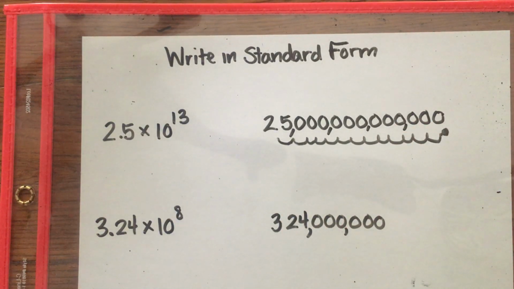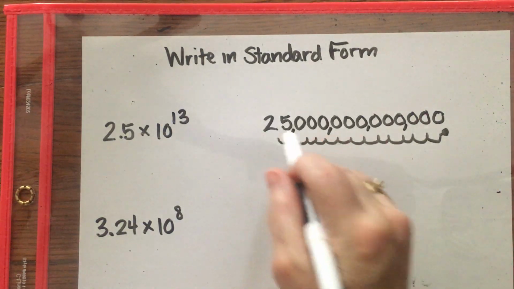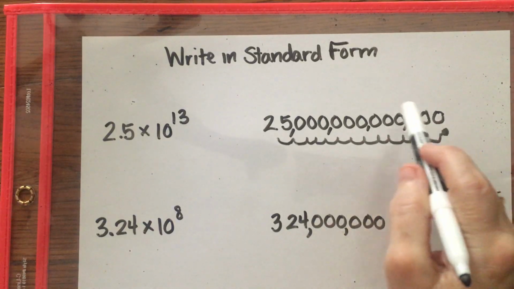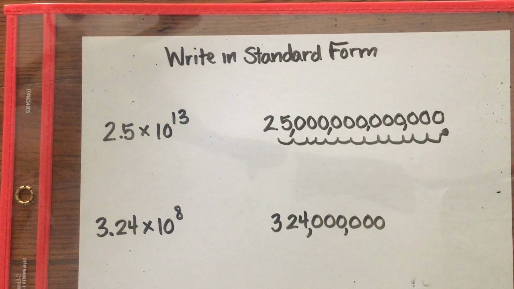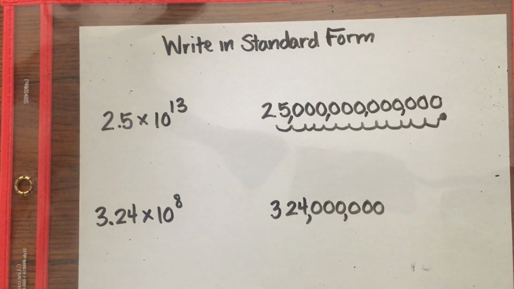So it'll read 2.5 versus 25 trillion. So it would be like me asking you, do you want $2.50 in your bank account, or do you want $25 trillion in your bank account? I'm pretty sure I know what you would say. So there is a difference, so be careful with that.